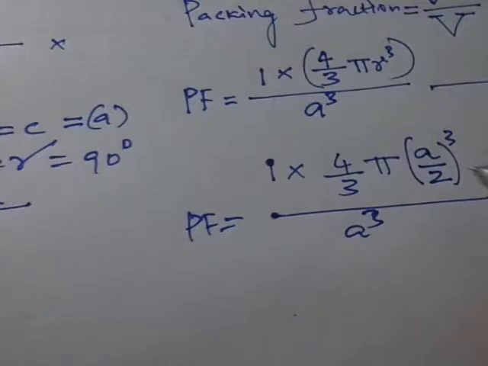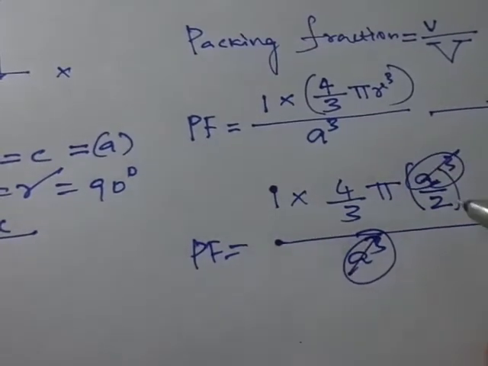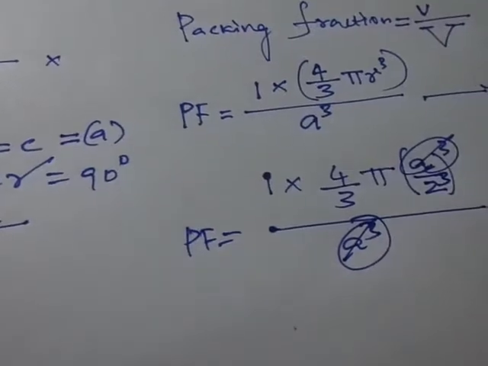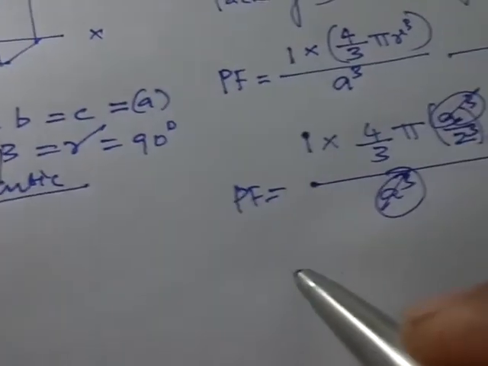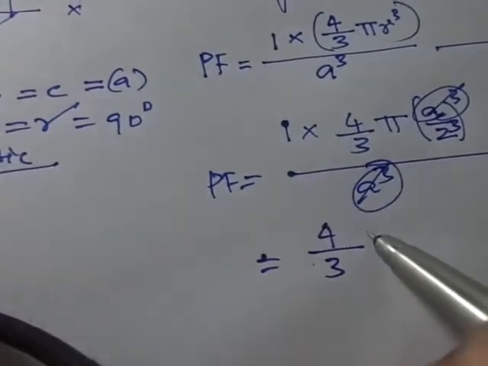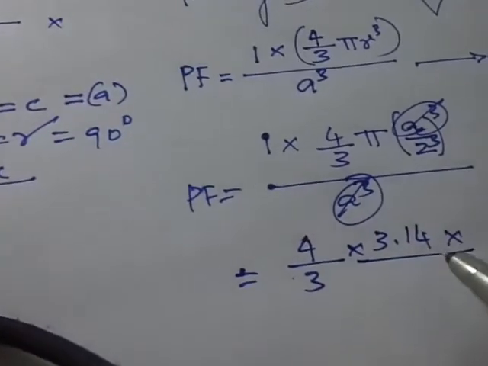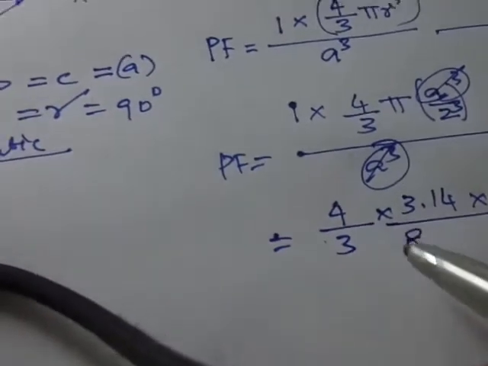So A cube is here, A cube is here, and this is 2 cube. So the remaining things are 4 by 3 into 3.14 divided by 8.